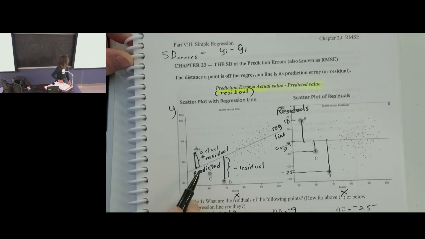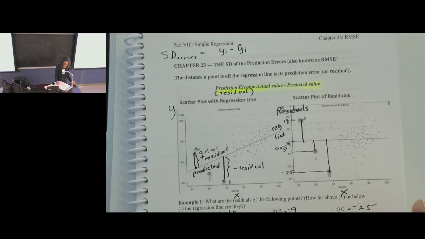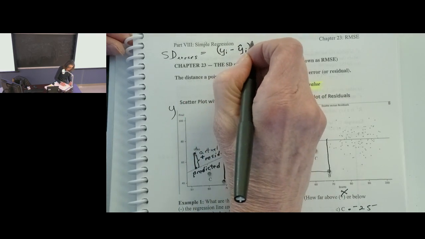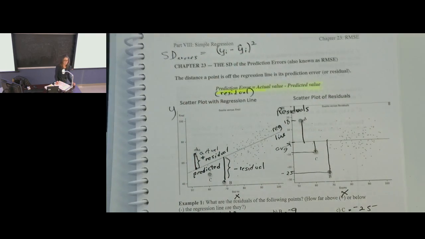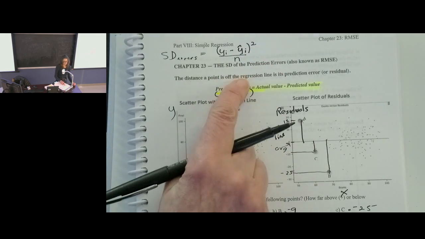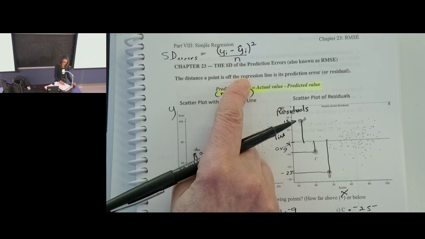Those are the residuals. But if we just summed up all those residuals, it would equal 0. So instead we square them, like we usually do, and then take their average. But that's the average of the squares, so we want to take the square root of that.